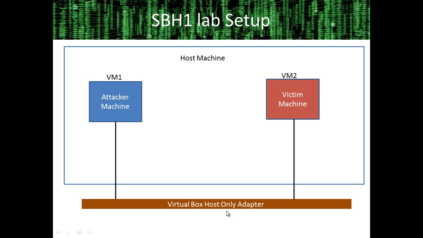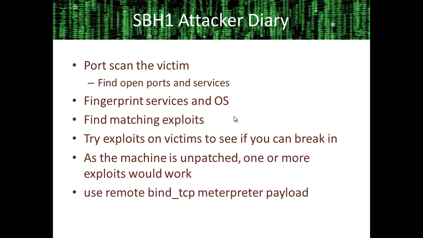So what do? Well, typically as the attacker has IP layer access to the victim, first he would run a port scan and find all the open ports and services. This is what the attacker is going to do. First he would port scan the victim, find open ports and services.